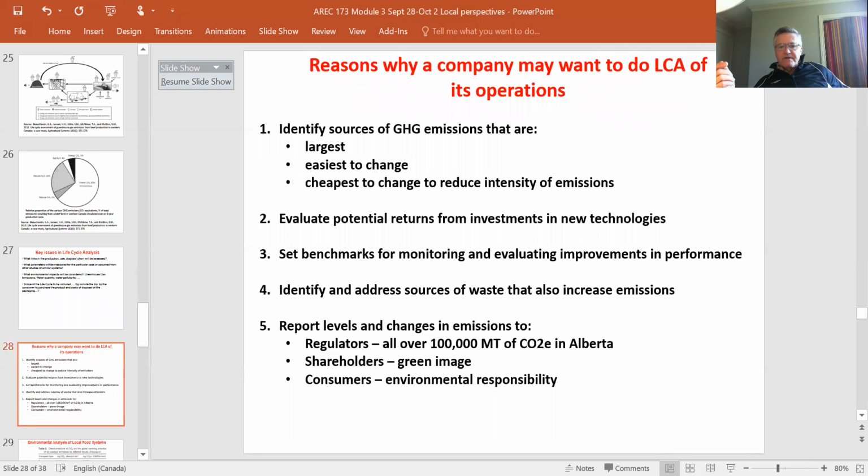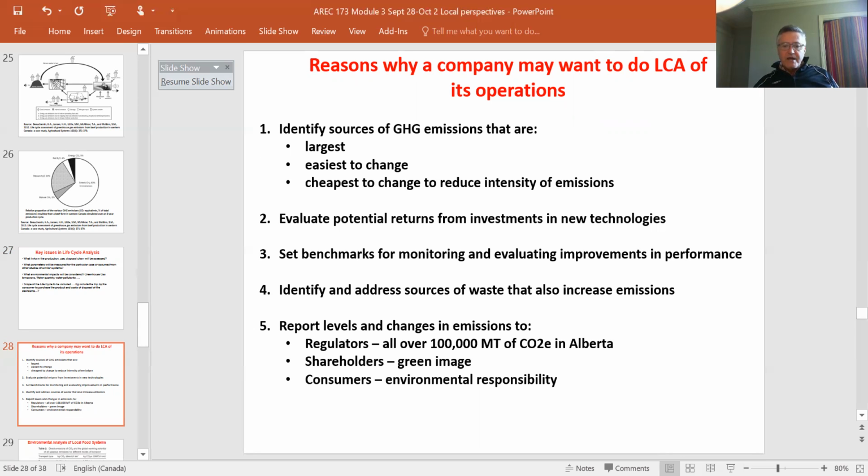They might have a system of goals of continuous improvement. They might set benchmarks for monitoring and evaluating their improvement over time. They might just see that when they have emissions of greenhouse gases or other types of emissions, it's really waste, and their goal might be to reduce waste and therefore reduce cost.